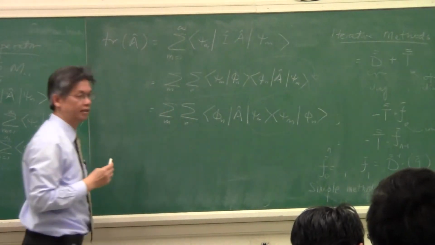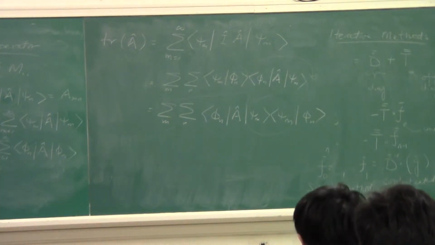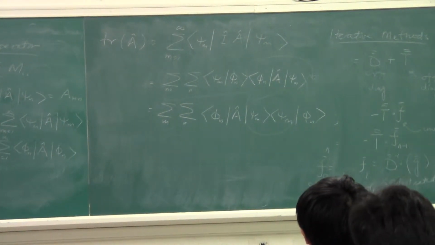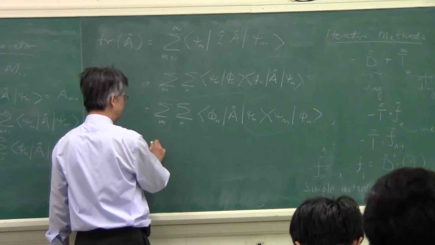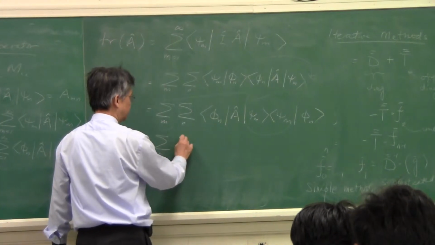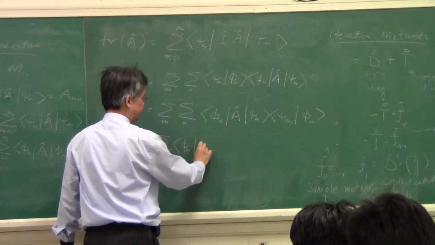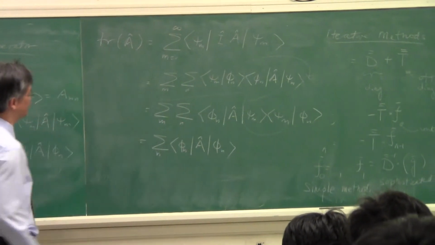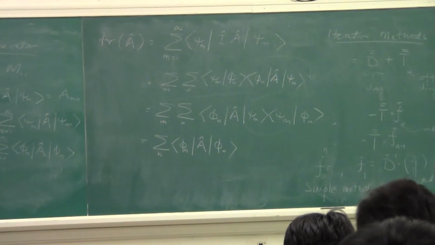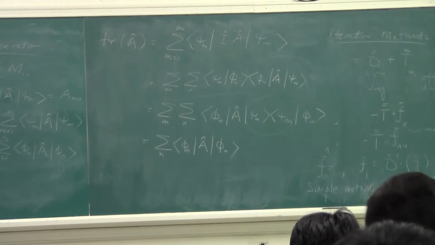What is that piece over there? This is the identity operator, right? That piece is the identity operator, so I can remove it and convert it back. So voila, you see that the trace of an operator is independent of the basis that you choose.